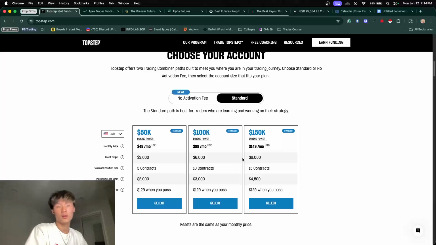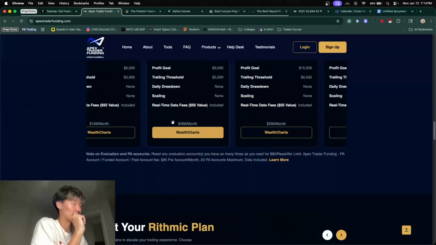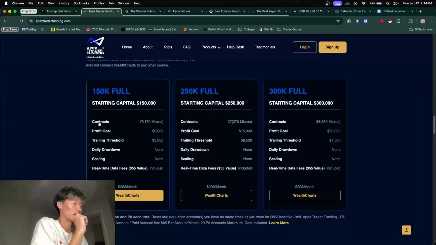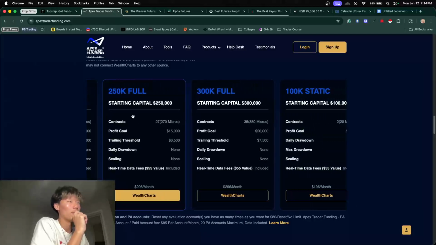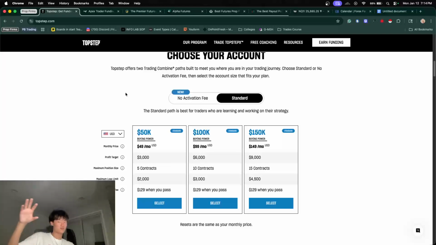What else? Especially Apex. Apex has basically the same stuff. You can see the profit target, how many contracts you're allowed to do, and stuff like that. But the drawdown is different. Top Step has just a solid drawdown.